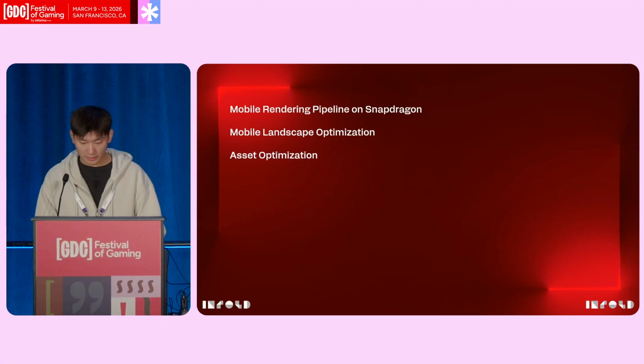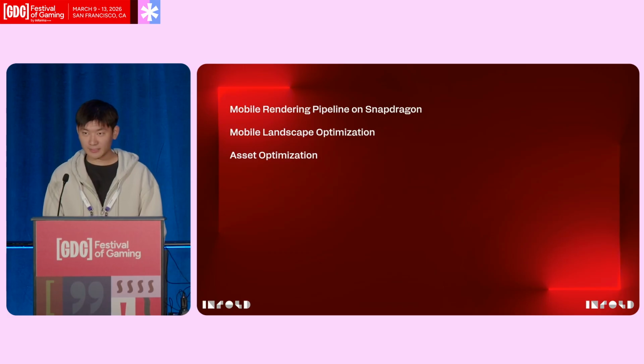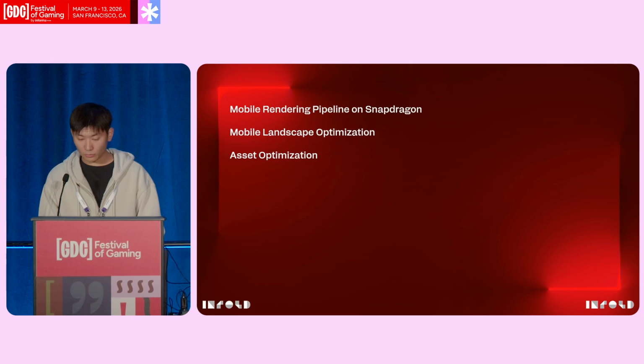Good morning, everyone. I'm Yuhan Zhou, a game engine developer from Infold Games, and it's my great pleasure to be here at GDC 2026 to share with you the mobile optimization work of Infinity Nikki on the Qualcomm platform. High-performance memory can significantly improve power efficiency, and my talk today will focus on power optimization, and I will also share some power optimization tips used in our game.